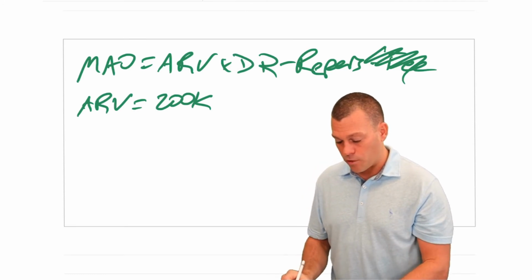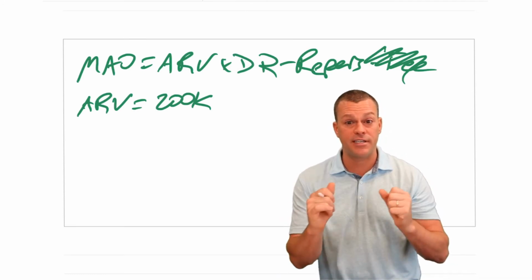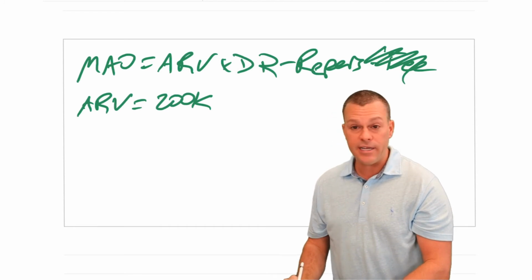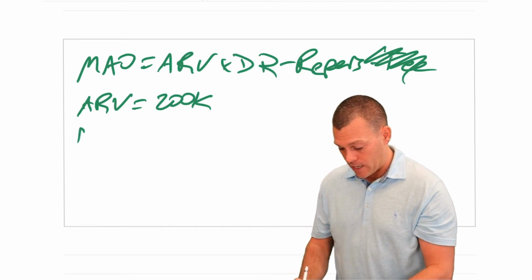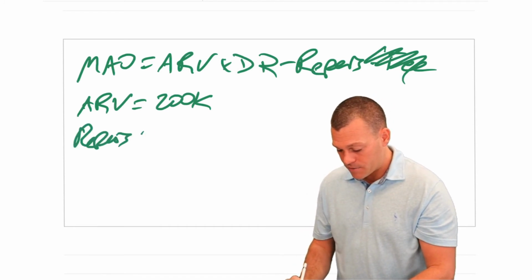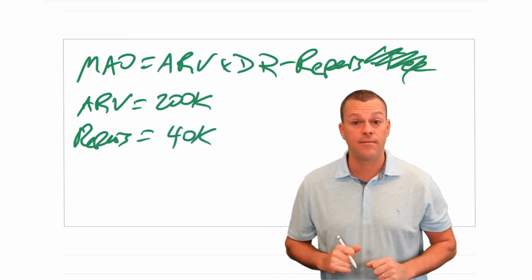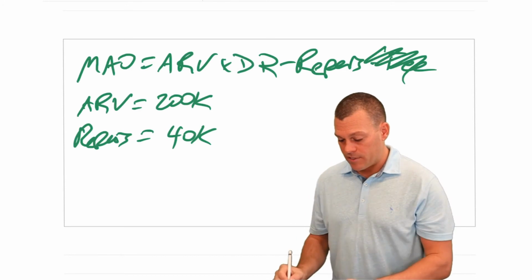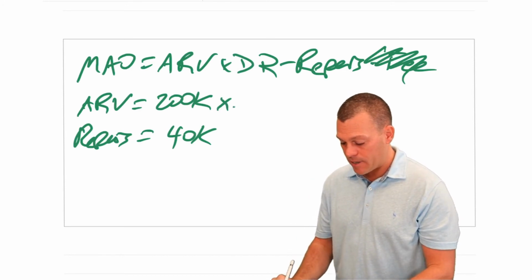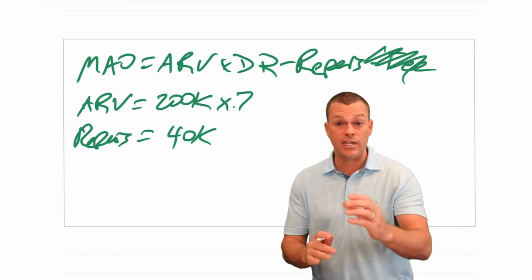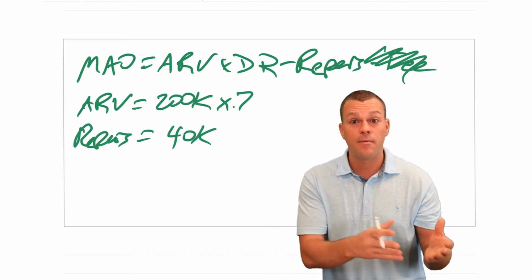And let's say in order to get our subject property to 200K, we would need to put 40,000 in the property. So our repairs are going to equal 40K. Pardon my bad handwriting. All right. So what we would do is take this 200K and multiply it by 0.7, assuming that the discount rate in the area made sense for 0.7.